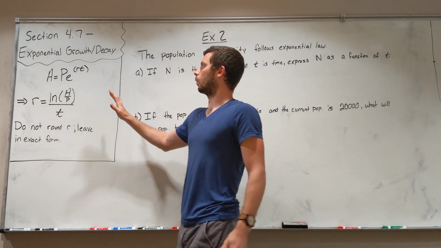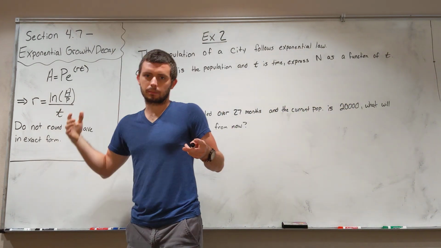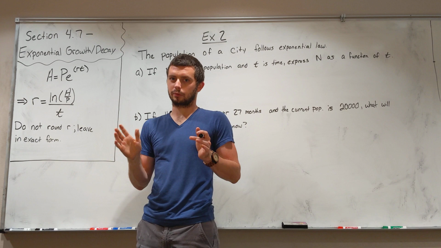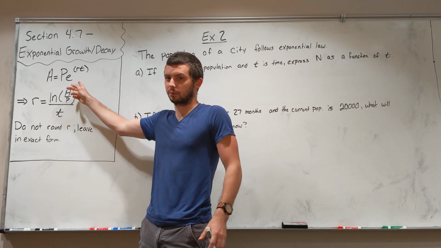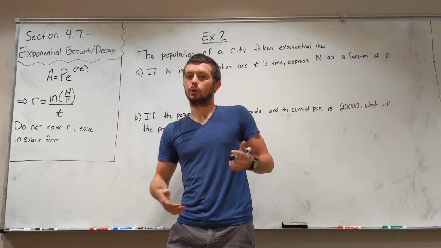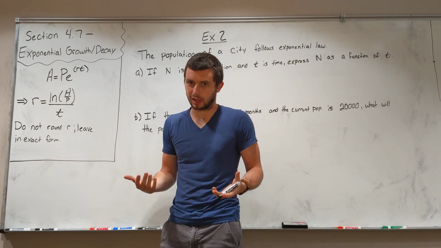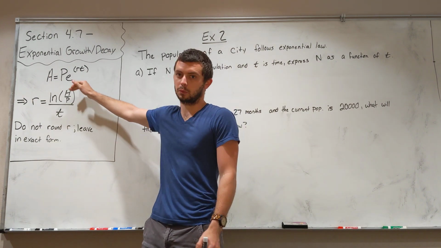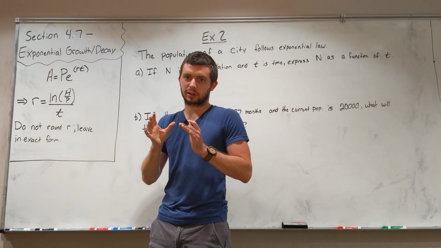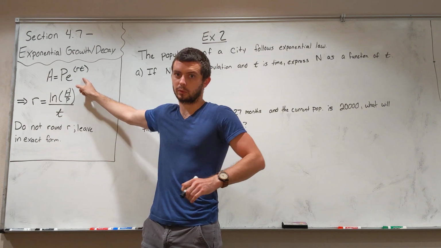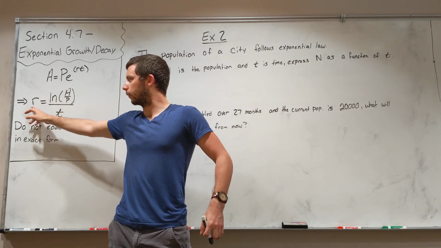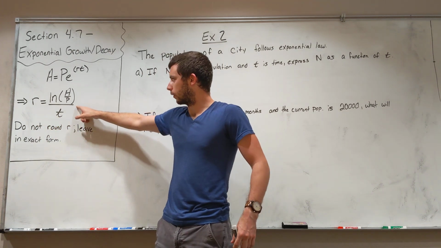So what I did was, as I mentioned, all of the problems in this section rely on the PERT formula. Sometimes they look a little bit different. They'll use A's or N's, but ultimately it's still of this form. And if we extract it down to this form that we're used to, then you can always figure out the rate using this formula here.